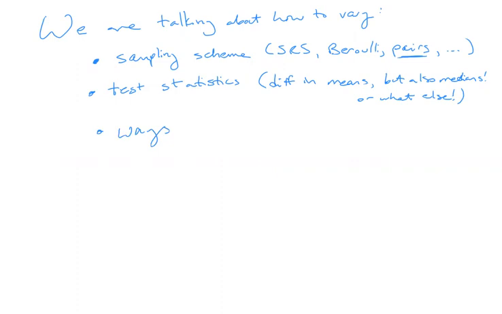What else? In addition to listing out explicitly all the T's and C's, it turns out there's more than one way to generate that reference distribution and therefore the p-value. So another thing we're going to talk about how to vary is the ways to generate the reference distribution.